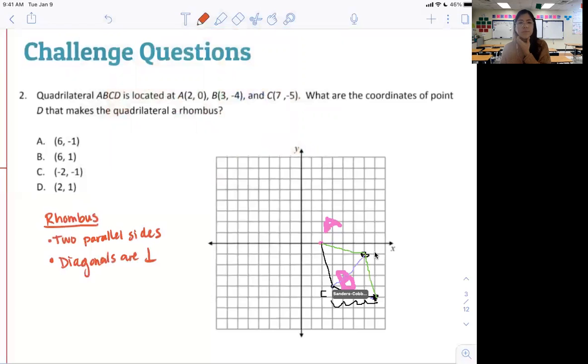And it needs to have 4 congruent sides. And 4 congruent sides. Good.